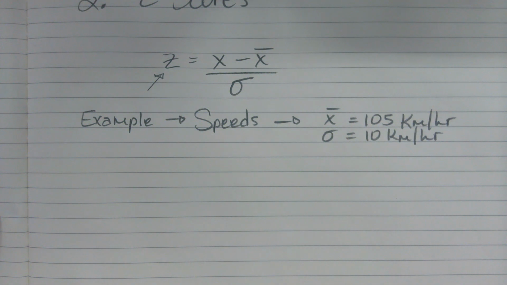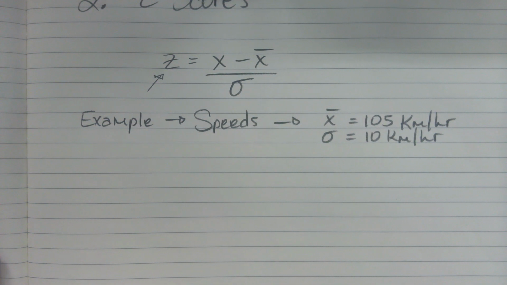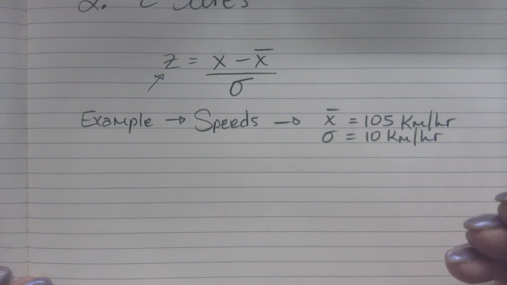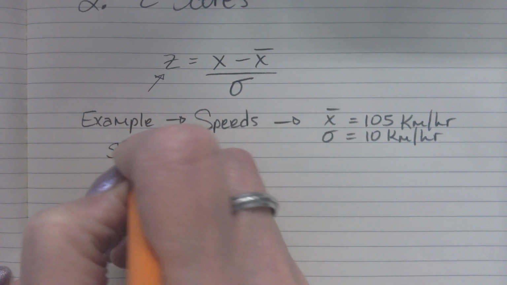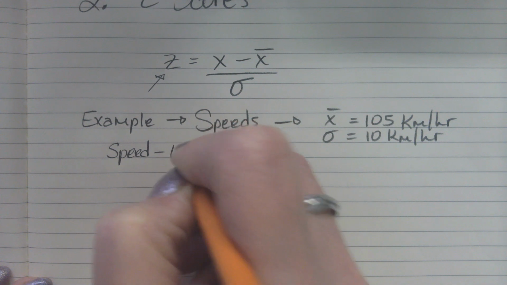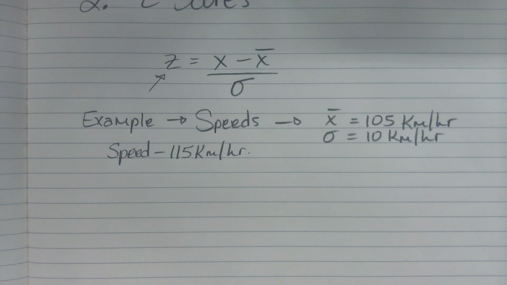Using that little picture, we plotted out what was 1 standard deviation, 2 standard deviations. I'm going to show you that you can use this to find that first standard deviation. Let's say your speed is 115 kilometers an hour. We know that that is 1 standard deviation above the mean.